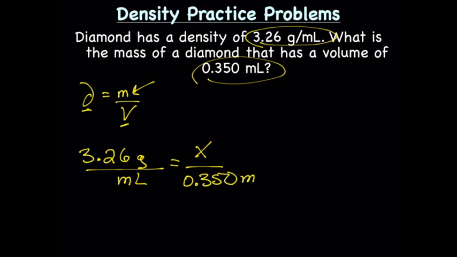0.350 milliliters. All right, so the easiest way to solve this type of problem when you have two fractions with an equal sign in between is to cross multiply.